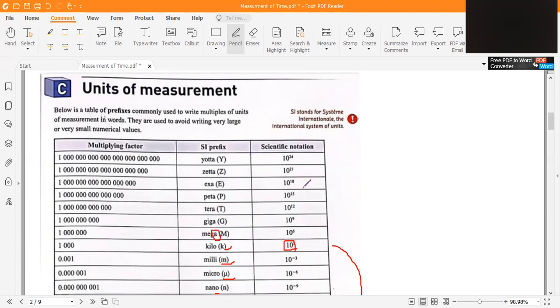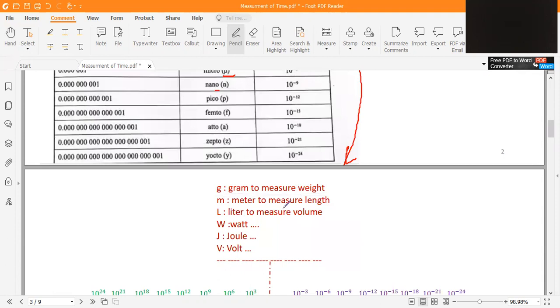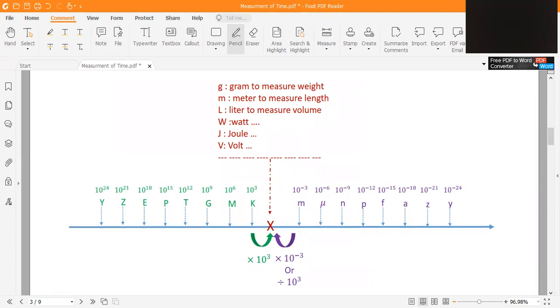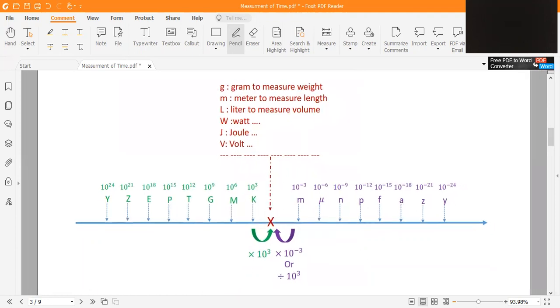Okay, so I tried to give a small explanation of this table using this axis. Here we are at the unit of measurement, like gram, meter, liter, watt, joule, volt, ampere, or anything else.